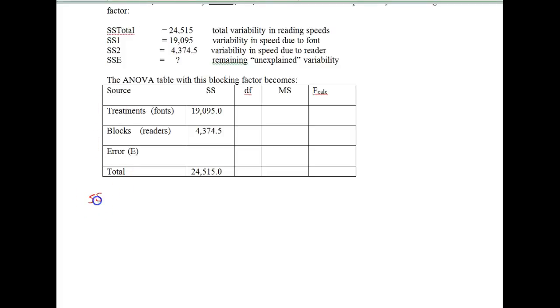So SST, this is going to be the exact same formula from last time, or not SS total, I'm sorry. SST is going to be SS treatment, okay? They denote it as SS1 here, which is fine. But yeah, we're going to denote it as SST. So this could be a T, and this could be a B. Okay. SST.